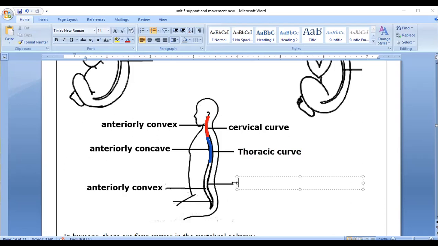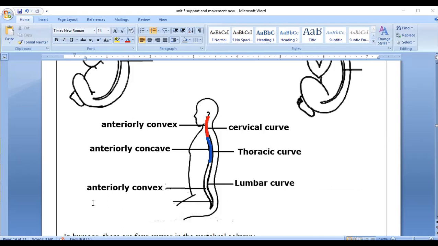Secondary curve. Second secondary curve is which curve? Lumbar curve. When the lumbar curve is formed, the child will start to stand on two legs and will start to walk. Understood? Bipedalism starts.